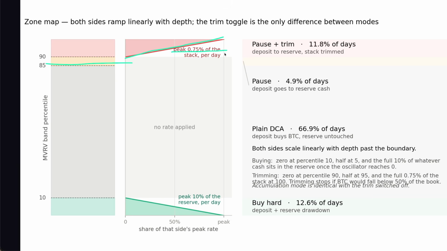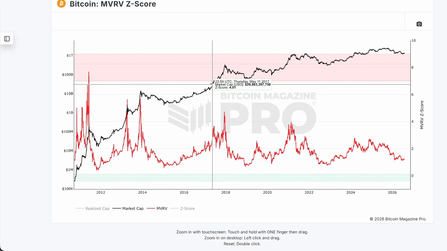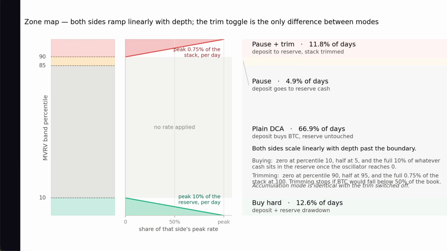And we're not selling a huge amount, only at the very top, 3/4 of a percentage point at the absolute peak of Bitcoin. Now, again, the reasoning for this is because we can be at new all-time highs, looking very overvalued and still double. So we want to take into consideration the fact that about 12% of Bitcoin's days are in this sell region. Over 1 in 10.